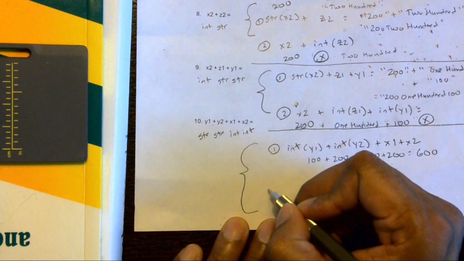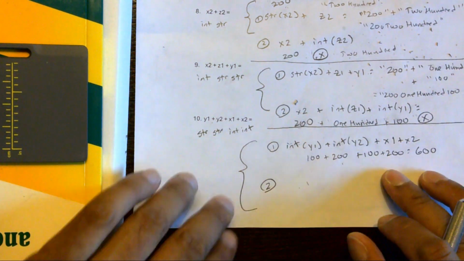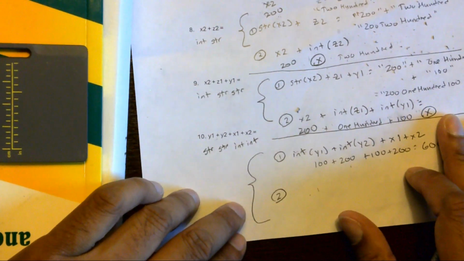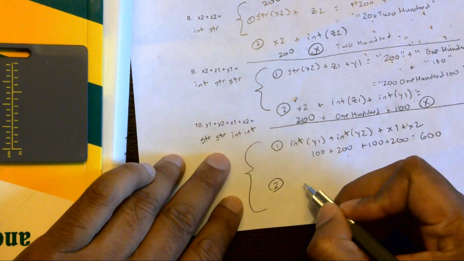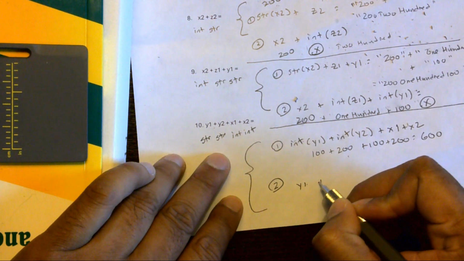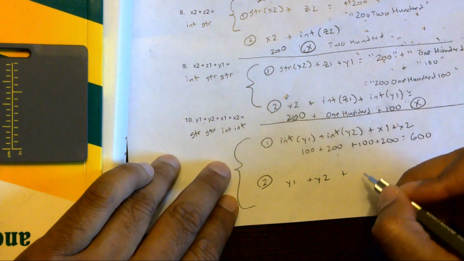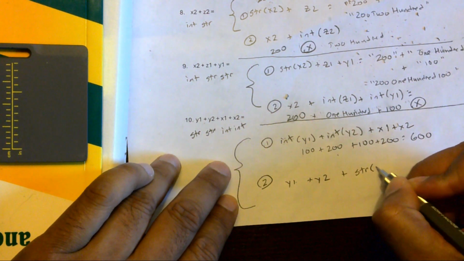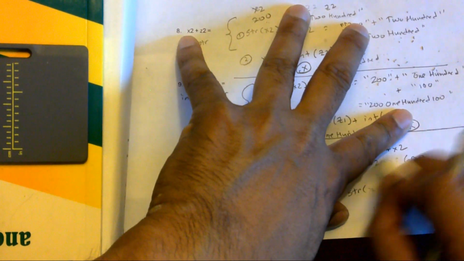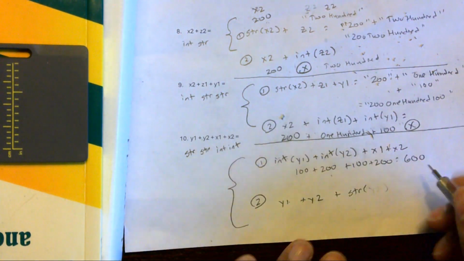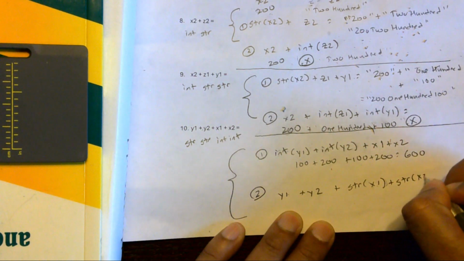Okay. Number 2. All right. What do we do with this? So now, the second one, we want to change everything to a string. So y1 is already a string. y2 is a string, right? And now we want to have str of x1 plus str of x2.